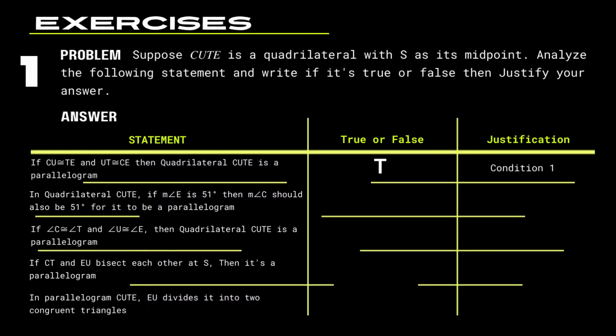And in quadrilateral CUTE, angle C and U are consecutive angles, and so are angle U and T, angle T and E, and lastly, angle E and C. And so, if angle E is equal to 51 degrees and angle C is also 51 degrees, adding them up will equal 102 degrees, which is 78 degrees short of 180 degrees.